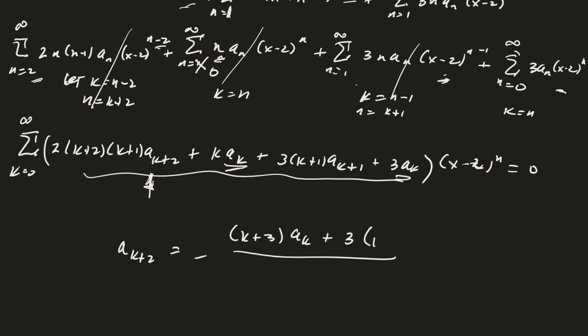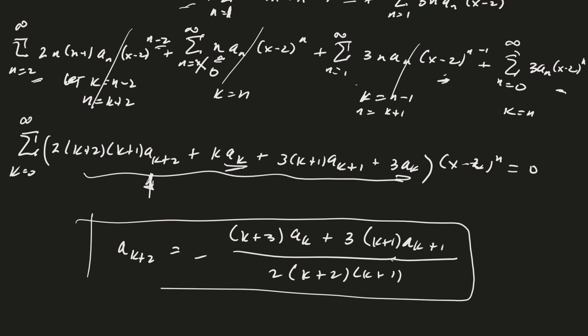Then we have our 3 times k plus 1 times a sub k plus 1 divided by k plus 2 times k plus 1 times 2. And there you go. That is the recurrence relation for the problem. And then we can stop there. Good. Yeah, so although it does get a little bit long, it's pretty straightforward, I think. So we'll see you later.